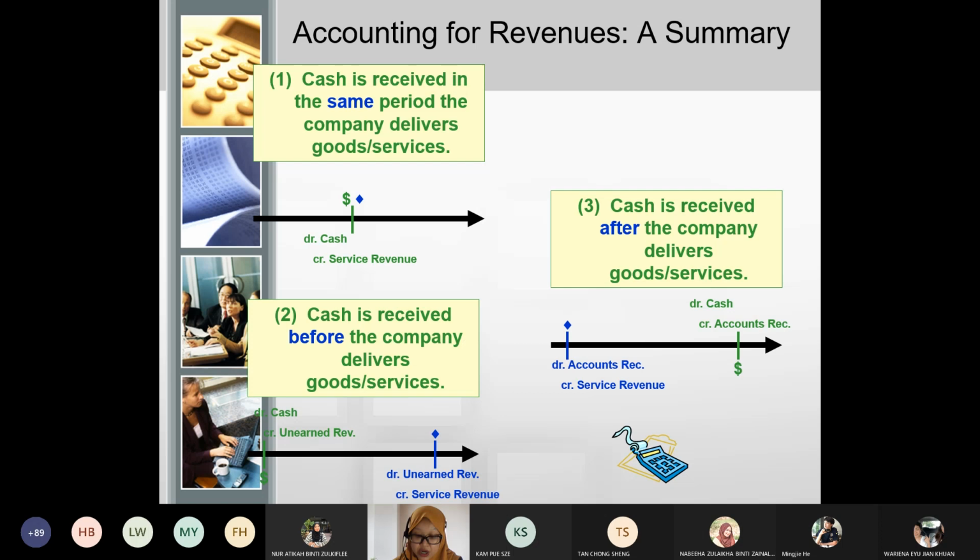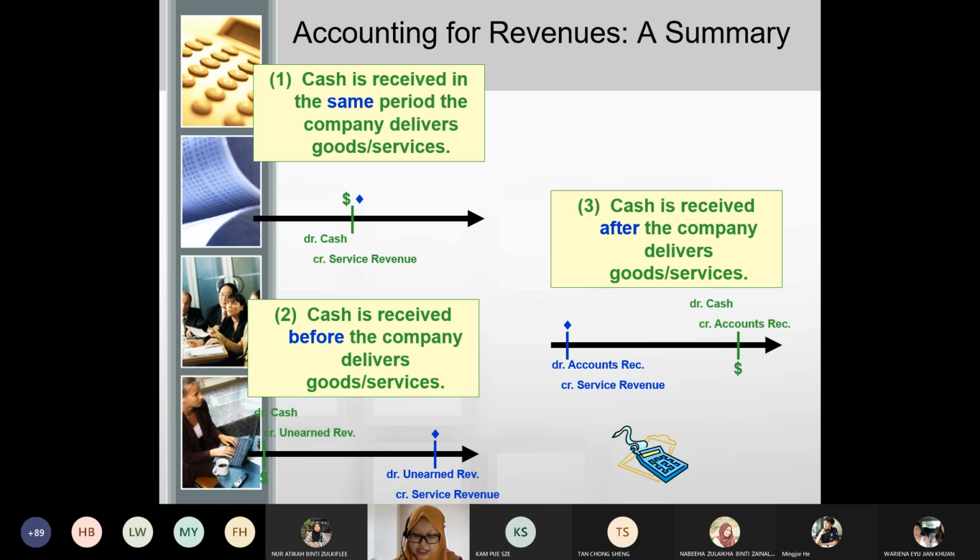Firstly, we record the cash receipt because we receive the cash in advance. We debit cash and then we credit unearned revenue. Later, when the services or goods are delivered, then we debit unearned revenue and we credit service revenue.